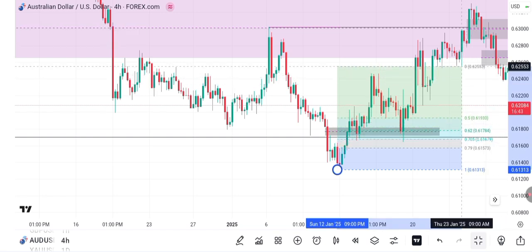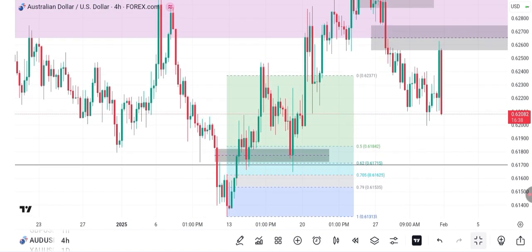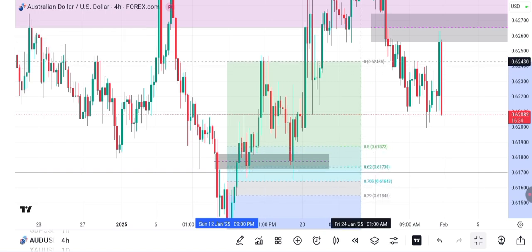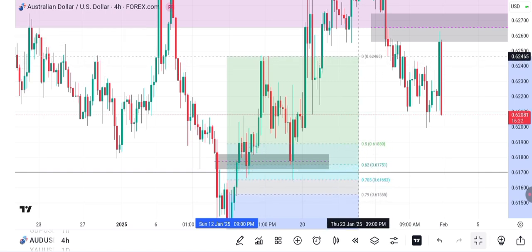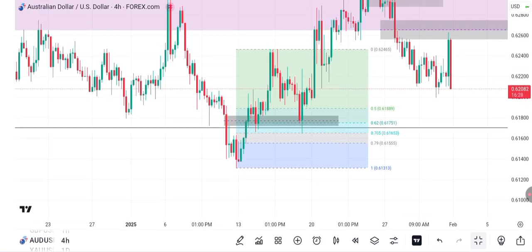I'm trying to lay this on it. Alright, let me try again. So I'll use my fib to draw from the low to the high created.